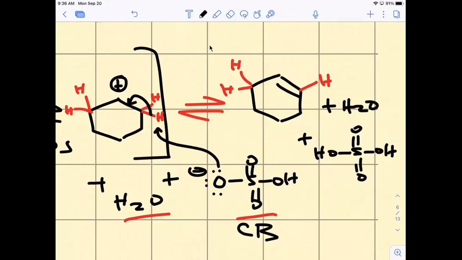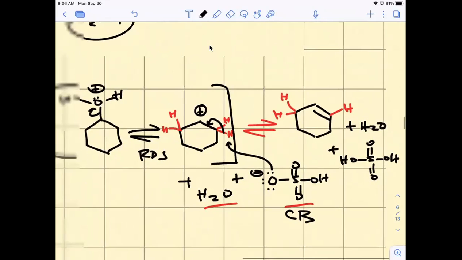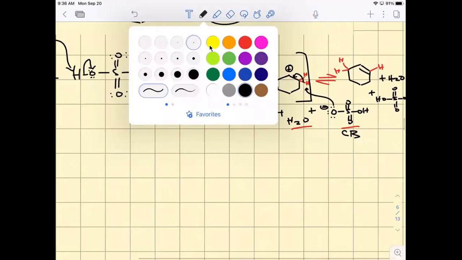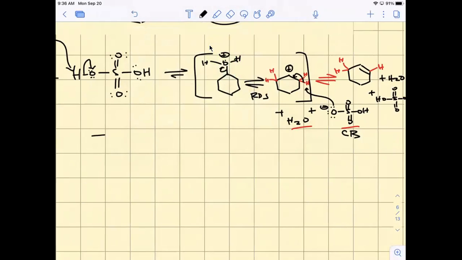All right. So the E1 again is there's no geometric requirement. Right?